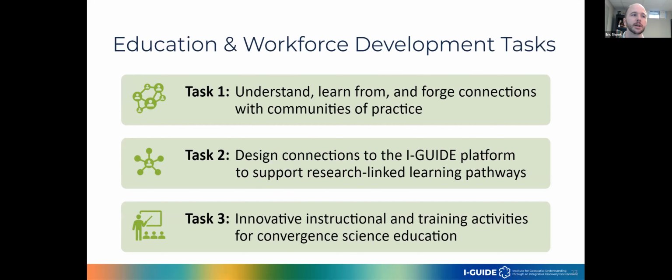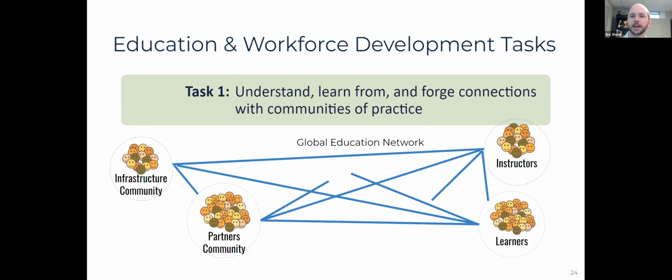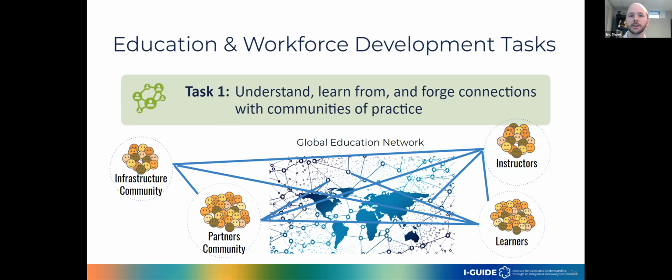The first is really to understand, learn from, and forge connections with communities of practice. So, of course, the GI science community, UCGIS, is a project partner, and everyone here likely represents more the community of instructors and learners, early career professionals, and these sorts of things.